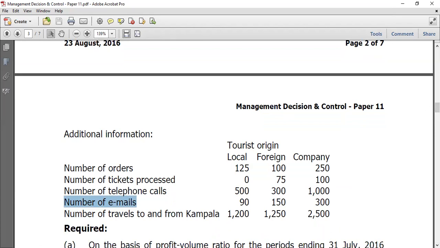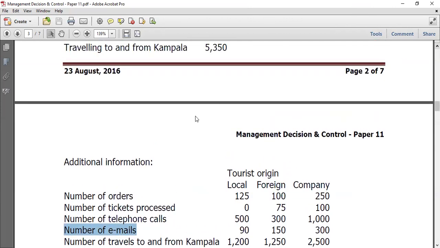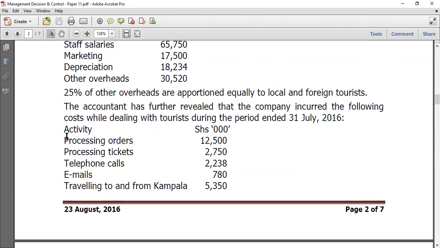Now, even before I look at what is required of me, every time you're given information like this, I think you can see these are like cost drivers, okay? And these are like activities. So you know that you may need to apply some knowledge of ABC. And by applying some knowledge of ABC, it means that you're going to allocate your overheads not just based on machine hours or labor hours, because they have given you these costs in a general way, okay?